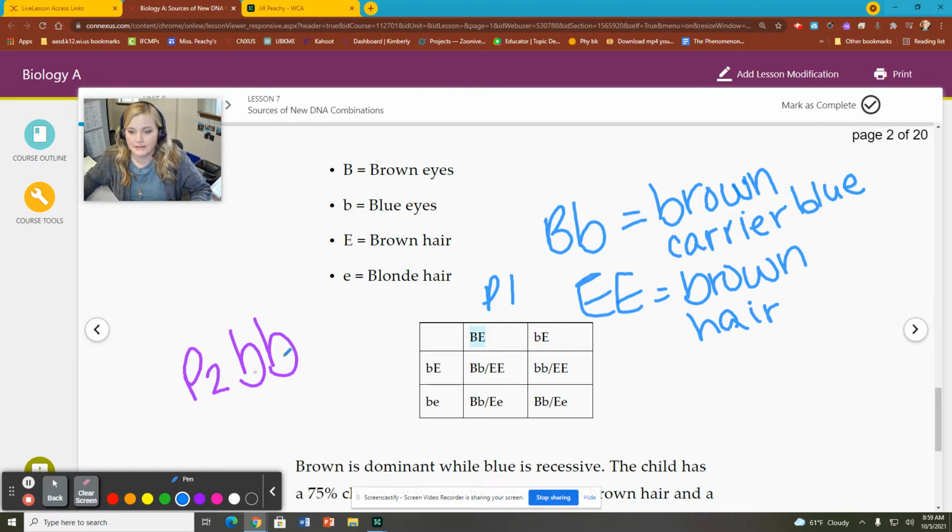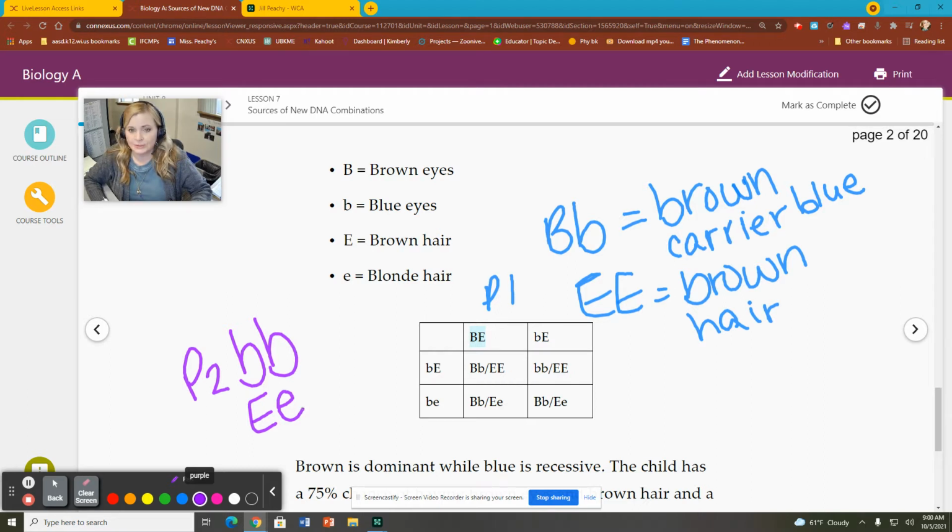This parent here is homozygous recessive for eye color. This parent here is homozygous dominant for hair color. And then our other parent here has brown hair, big E, little e, so they are heterozygous for hair color. They have one of each allele.